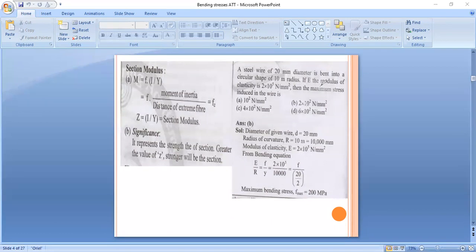If E, the modulus of elasticity, is 2 into 10 raised to 5 Newton per mm square, then the maximum stress induced in the wire is. Now we will write which parameters are given.